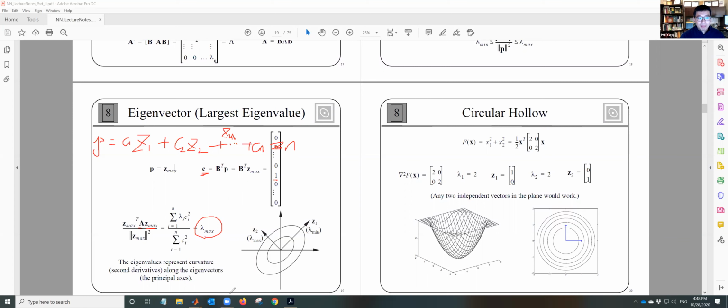So for example, if you have this response surface, obviously this is a two-dimensional space. You have two eigenvectors. And you see this is a lambda max. This is a lambda min. The eigenvalues represent the curvature, the second derivatives along the eigenvector, the principal axis.